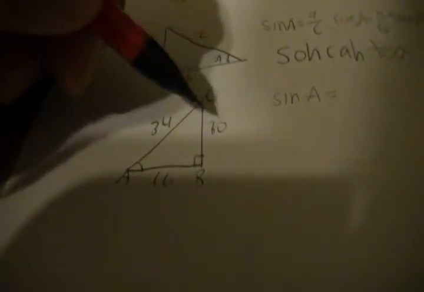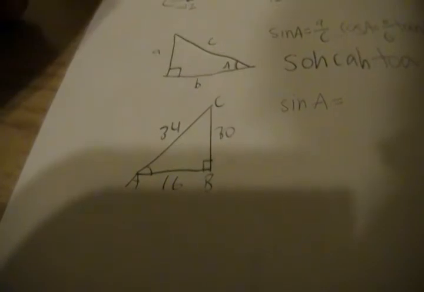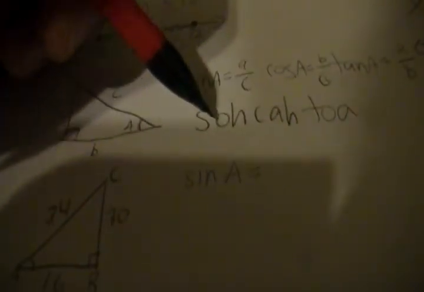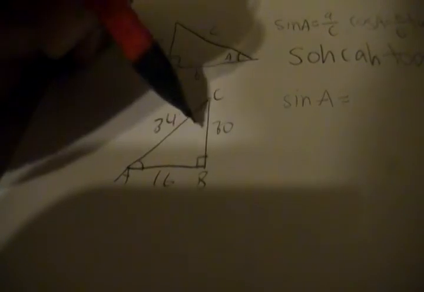And judging by the values given for the sides, we know that this is going to be the hypotenuse because it's the longest. So what is sine? Sine is opposite over hypotenuse. So what's opposite angle A? 30, over our hypotenuse, which is going to be 34.